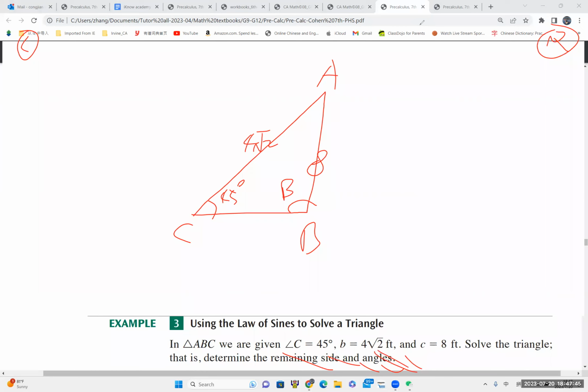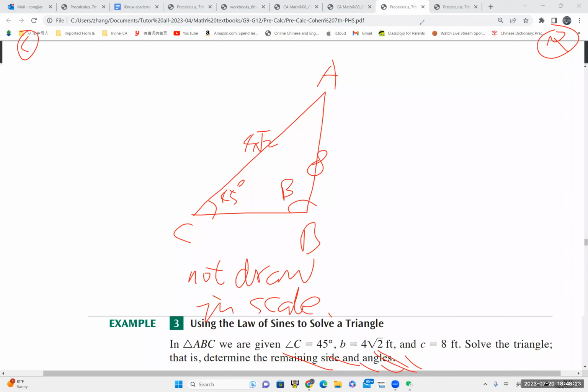Just find the angle B. I should mention this is not true to scale.